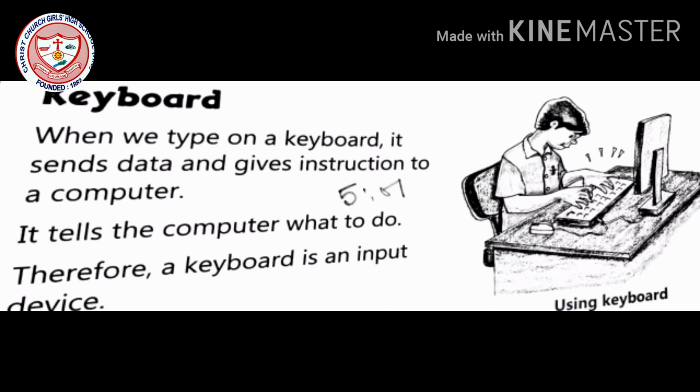Whenever we type, it sends the instructions to the computer about whatever work should be done, and then we get the result. It tells the computer what to do. Therefore, a keyboard is an input device.